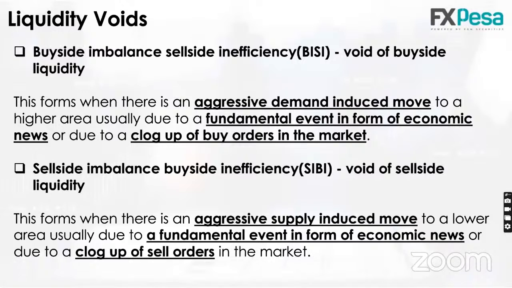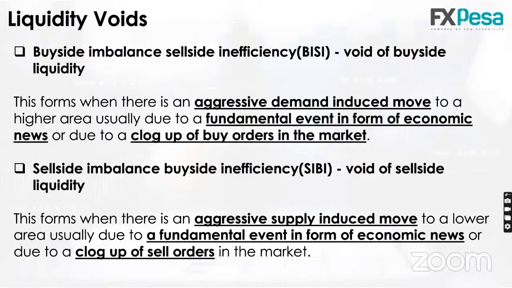And because the sellers were not enough in the market, we'll normally call it an inefficiency. So whenever there's an inefficiency, it means that we have to essentially look for a potential reversal back lower. And when we get that reversal back lower, then we'll most probably go in for a sell. That's in the case of a buy-side inefficiency.